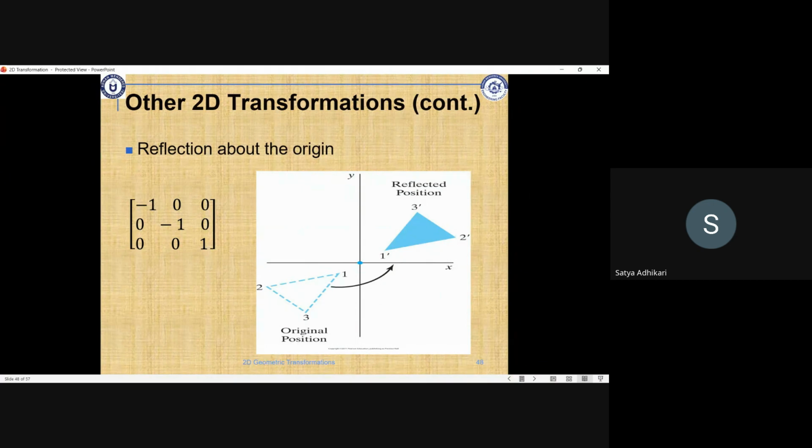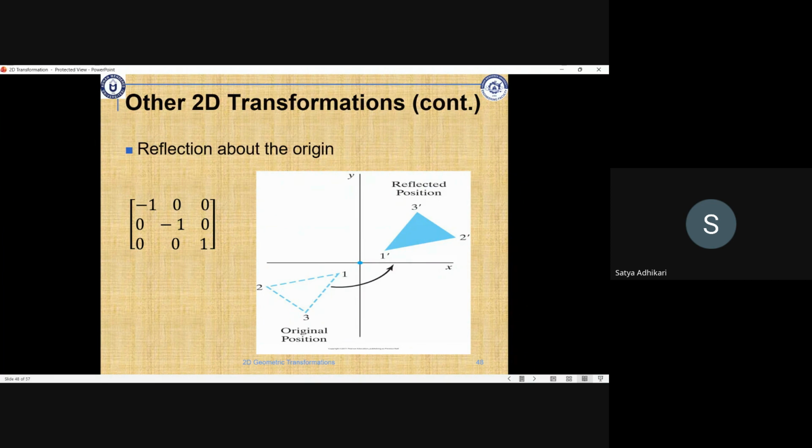Reflection about the origin. We know the reflection about the x-axis, and then we have done reflection about the y-axis. But here it is reflection about the origin, not the y-axis, not the x-axis, not the line x equal to 0 or y equal to 0. It is about the 0 0 point, the origin. If you keep a mirror on the origin, you see the reflection changes.